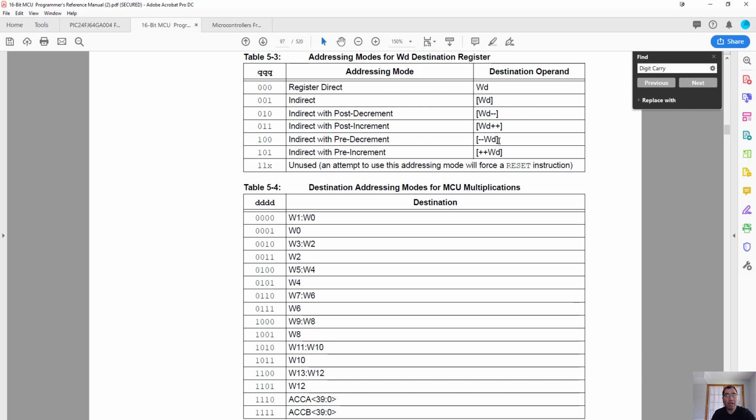In our case, we had indirect with pre-decrement. So this was our format, if you remember the instruction. Keep this in mind. So the QQQ value for this is going to be 1, 0, 0. Let's go back to the page.